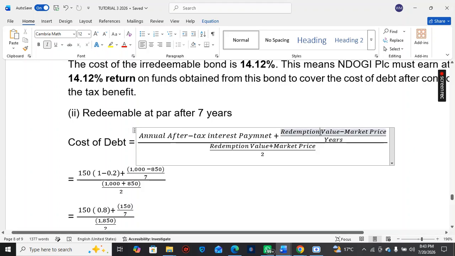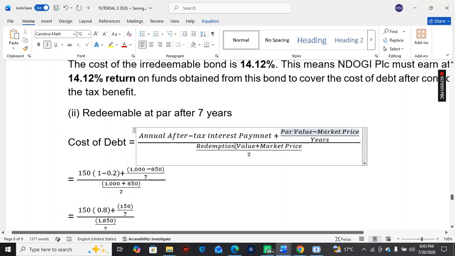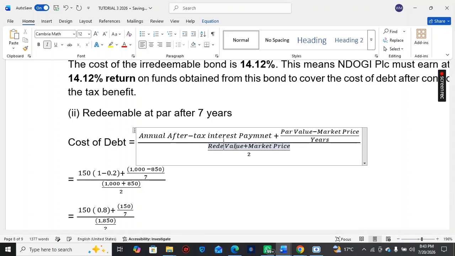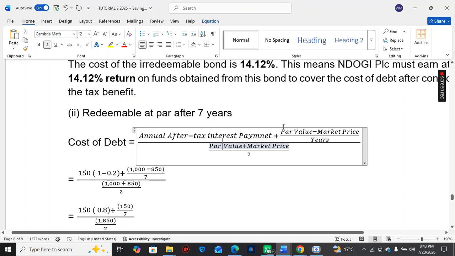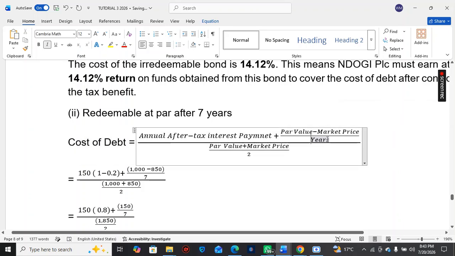Let me just put par value, so that people do not call me asking what's the difference between par and redemption value when they're the same thing, colleagues. They are just the same thing in this case. So the par value minus the market price over the number of years to maturity, over the par value plus the market price over 2.